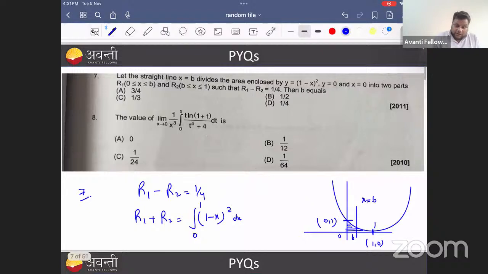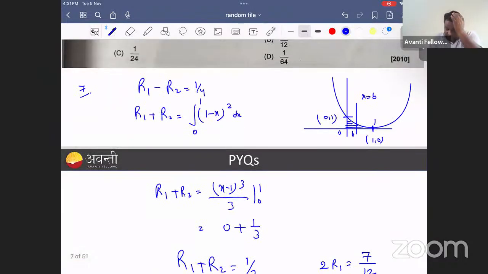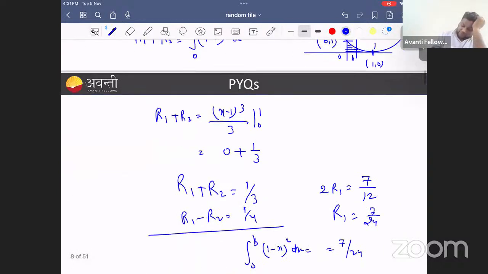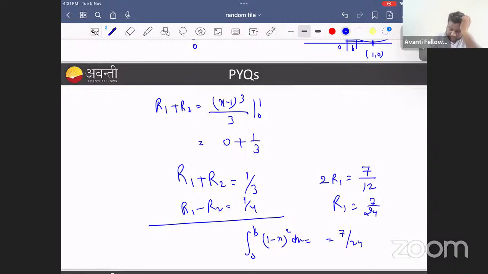Just a moment. Let the straight line x equal to b divide the area enclosed by this into two parts, R1 from 0 to b, R2 from b to 1, such that R1 minus R2 is 1 by 4. I calculated R1 plus R2, which will be the integration 0 to 1 of (1 minus x) whole square. So it is (x minus 1) whole cube by 3, with 1 it is 0, minus of minus 1 by 3, so it is 1 by 3. R1 plus R2 is 1 by 3, R1 minus R2 is 1 by 4. If I add both of them, then 2R1 becomes 7 by 12, so R1 becomes 7 by 24.